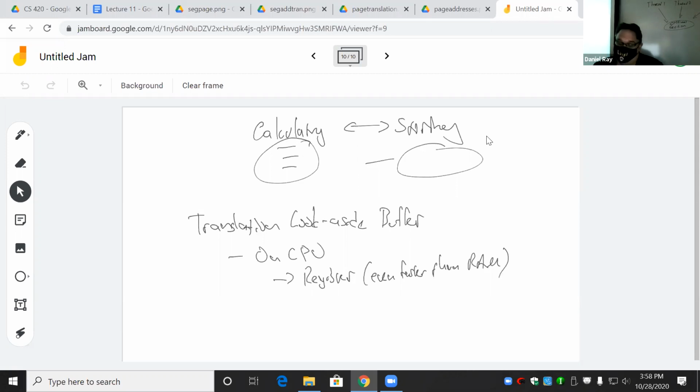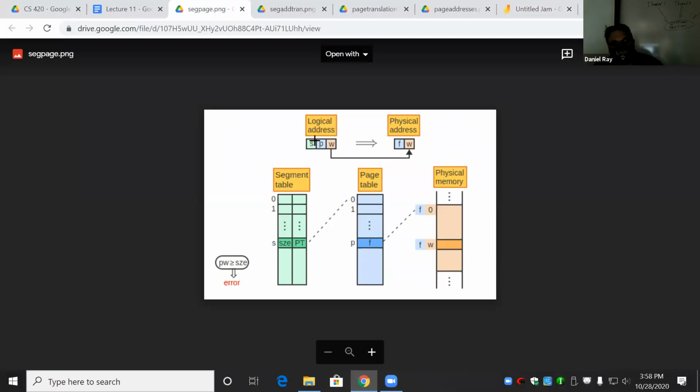So can you give me just a little chunk? And with that register, I'll keep a table. It's called the translation lookaside buffer. It keeps a table in it, and it keeps track of as many pairings of SP and F as possible.